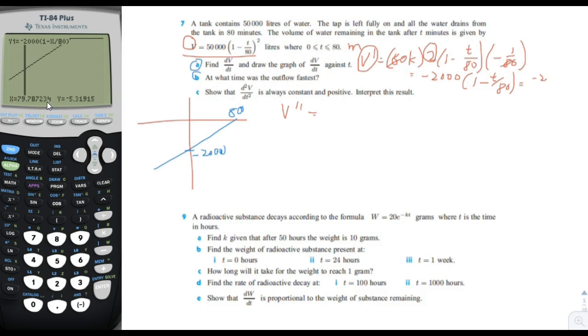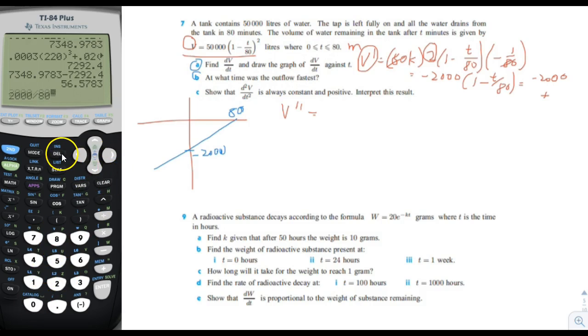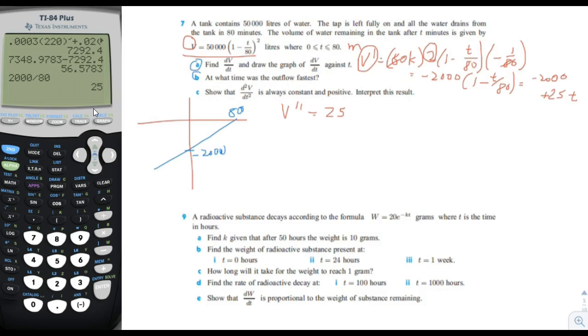We're going to write it as negative 2,000 plus 2,000 divided by 80 t. 2,000 divided by 80 gives us 25. So it's negative 2,000 plus 25t. So taking another derivative of that, we end up with 25.